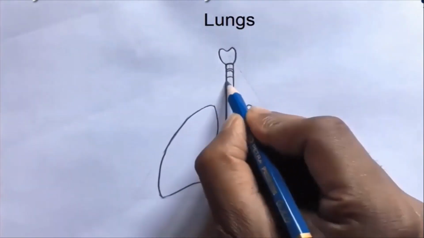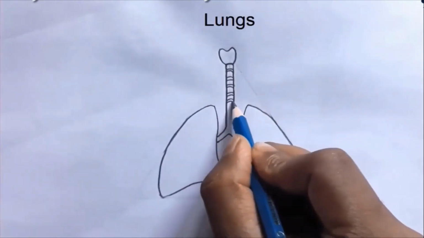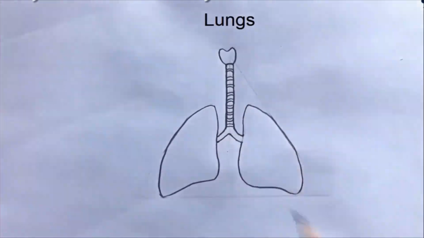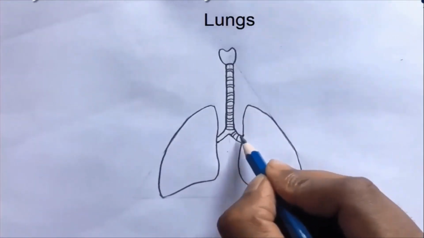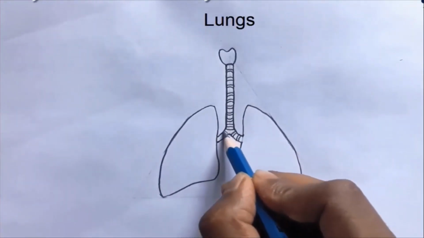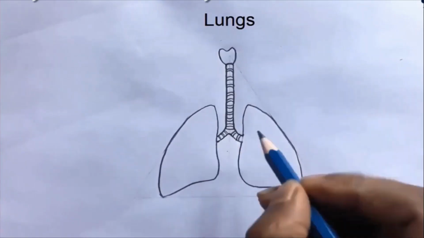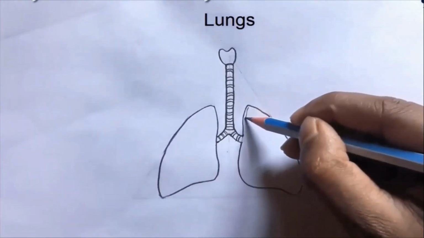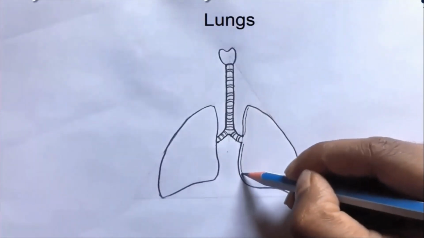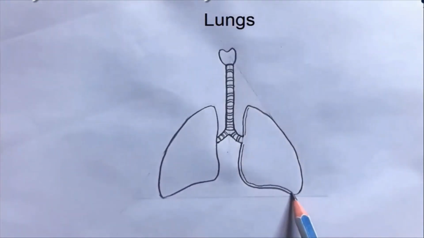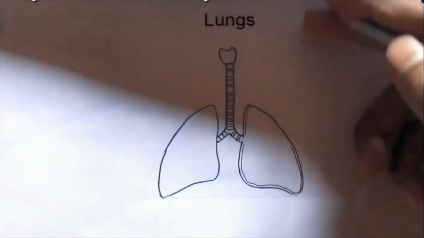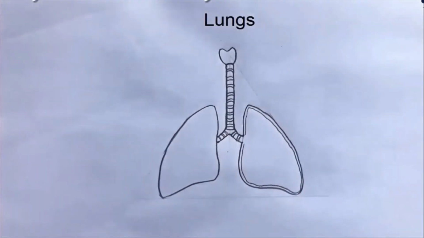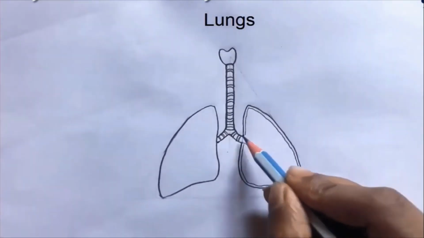Larynx, then trachea, cartilaginous ring of the trachea, bronchus, covering of the lung. The covering of the lung is called pleura.